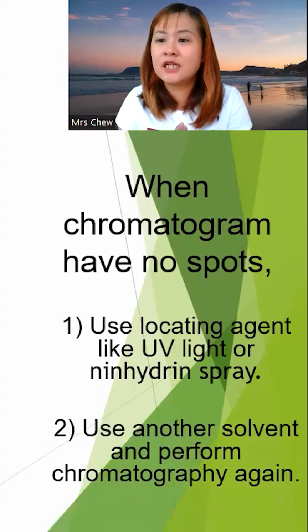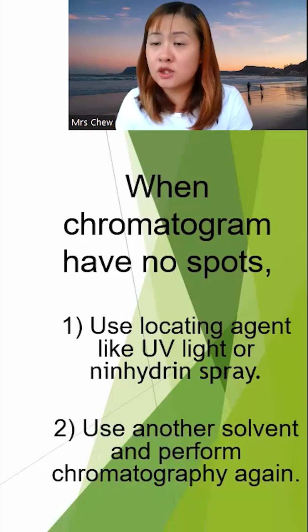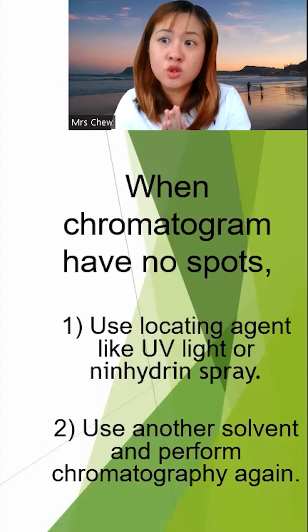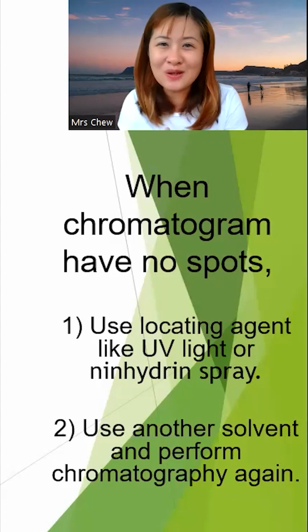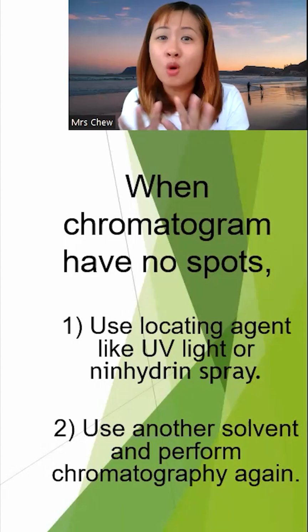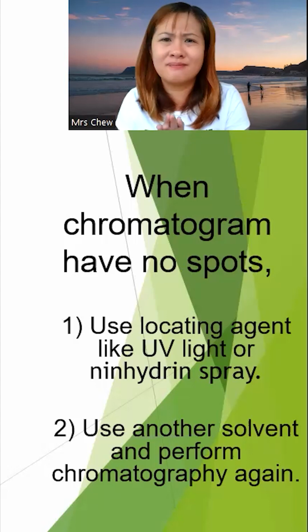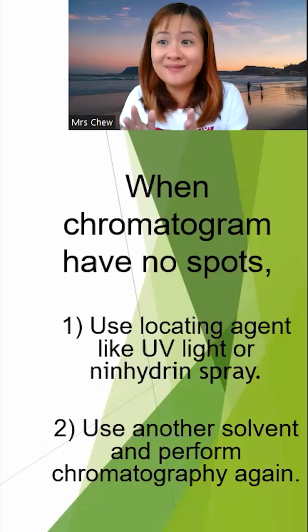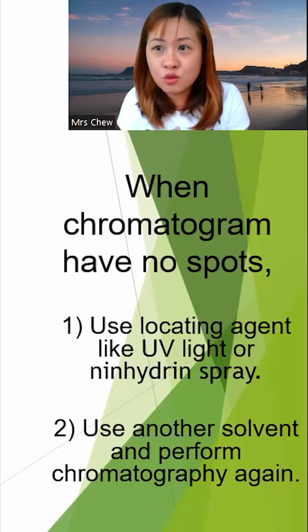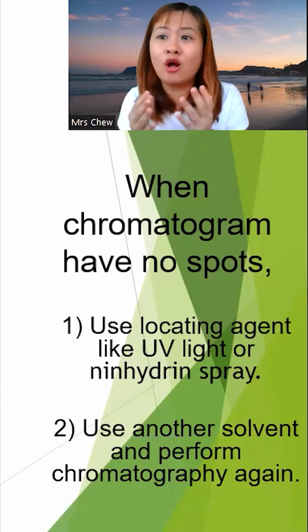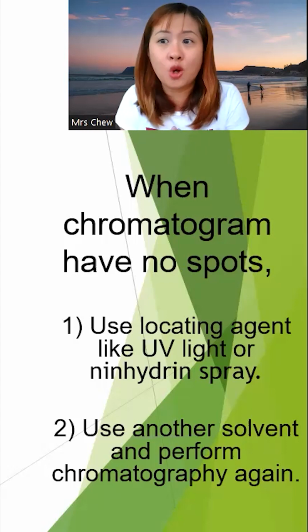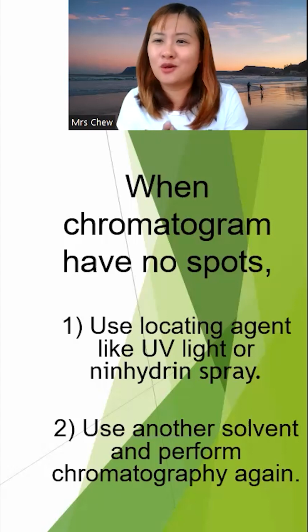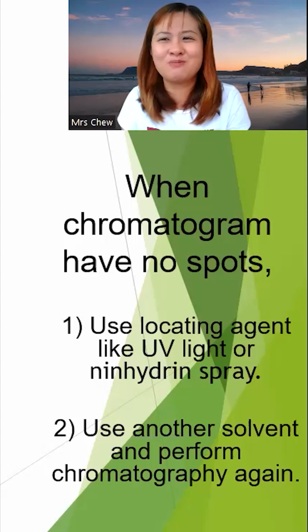Another method is to use another solvent. Usually we use water because it is a universal solvent that can dissolve most things, but some things are insoluble in water. Then they will usually be soluble in an organic solvent. So try ethanol, perform the chromatography again, and you will see your spots.